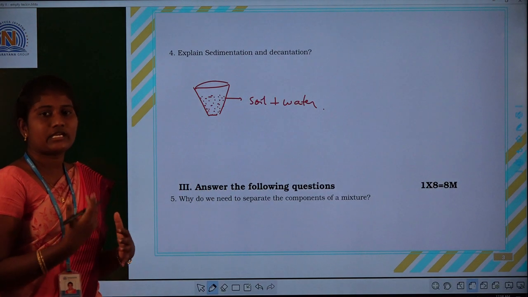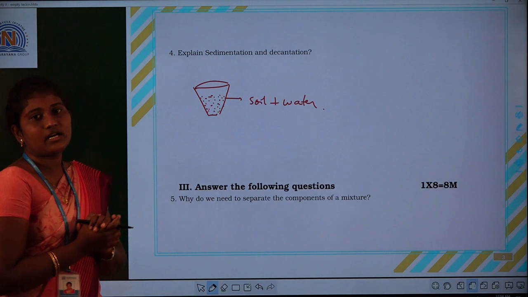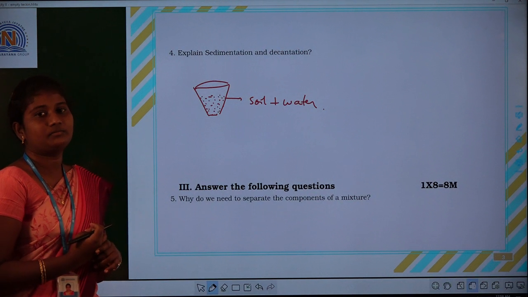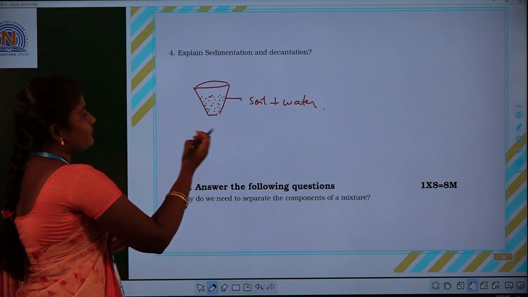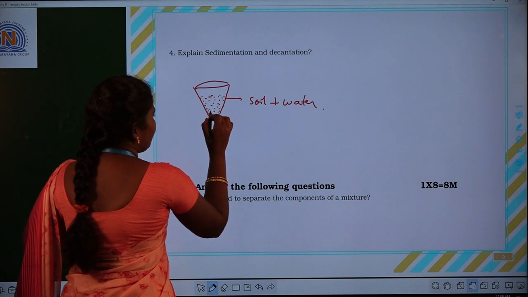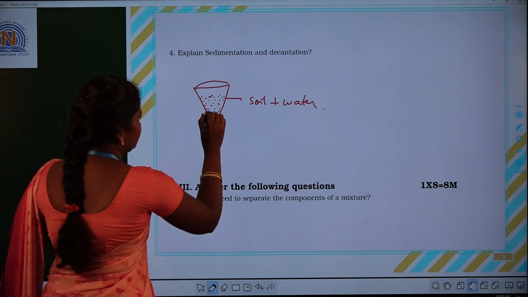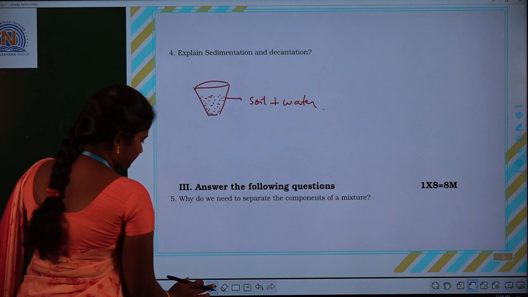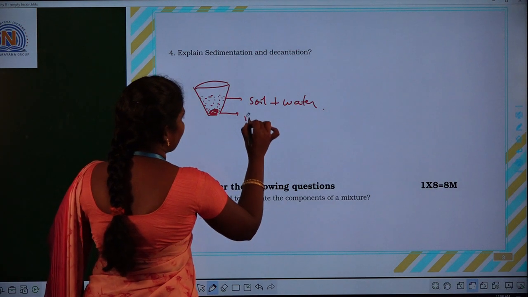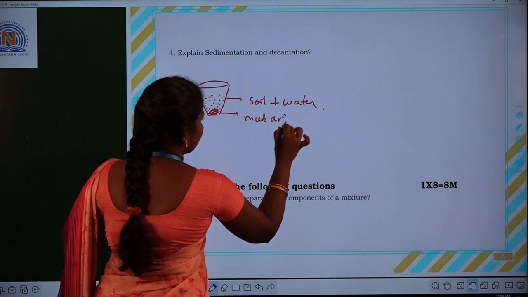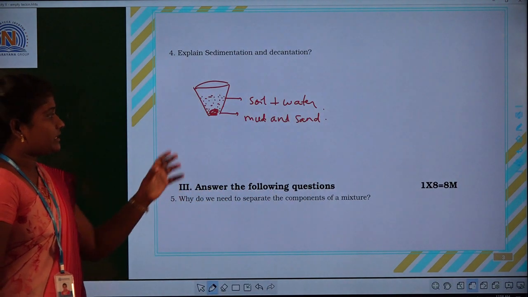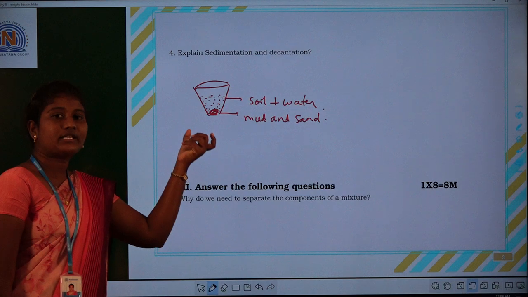Okay, after some time we observe that in the glass tumbler, mud and sand particles are settled down at the bottom of the glass tumbler.